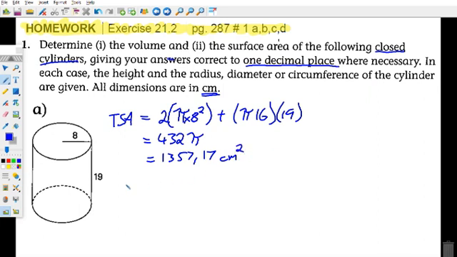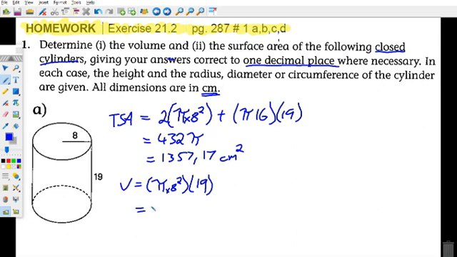squared. To find my volume, it's my base area. Okay, so it's going to be pi times 8 squared multiplied by my height, 19. So we're going to get a volume here, pi times 8 squared multiplied by 19.